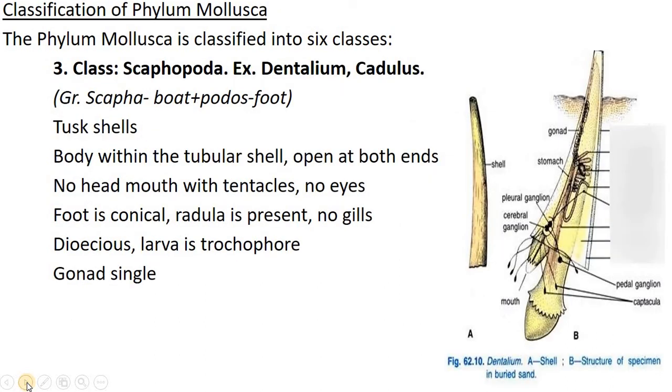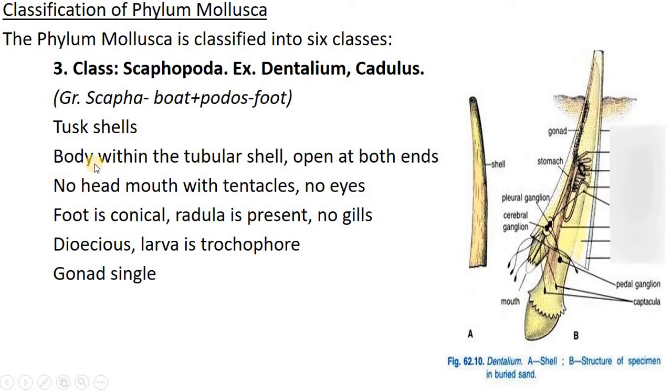Next, class Scaphopoda. Scapha means boat, podus means foot. Examples are Dentalium and Cadulus. Dentalium is the elephant tusk shell, a common name because it resembles an elephant tusk. These animals are called tusk shells.